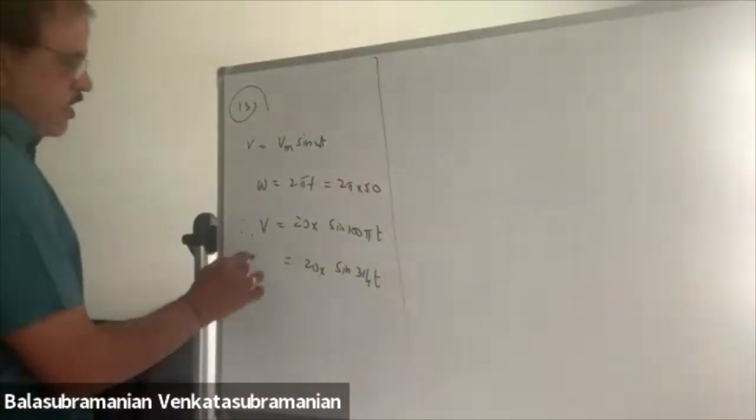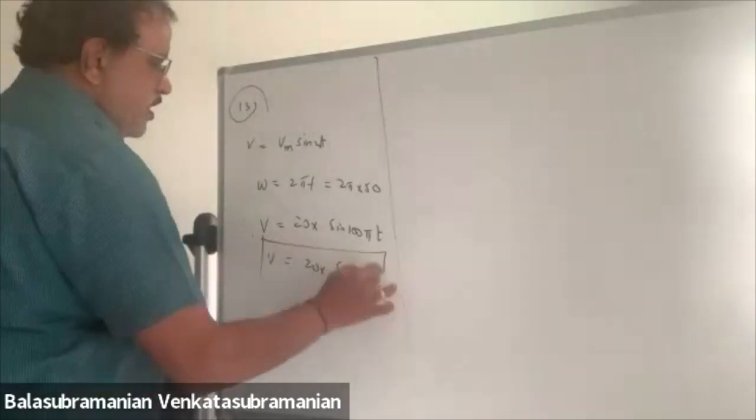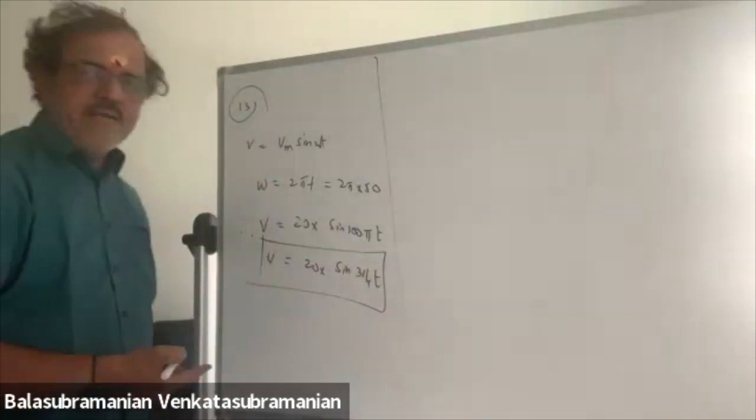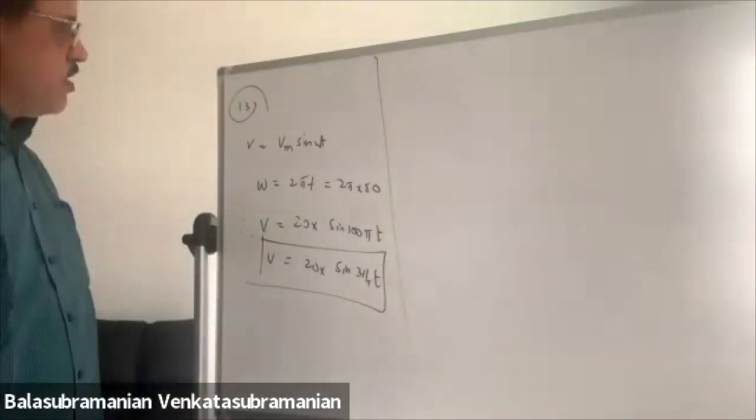This is the given equation. In terms of V, RMS value, maximum value is given. This is the first part.